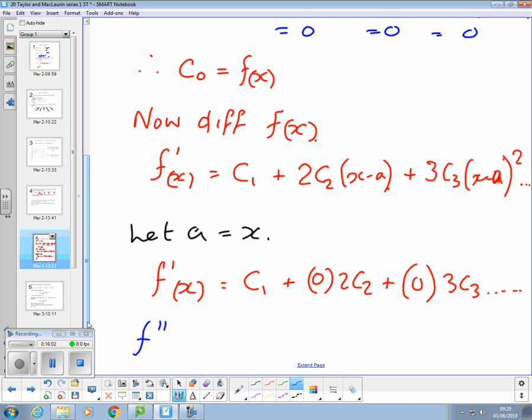Following on, f double dash of x. So differentiate this function.